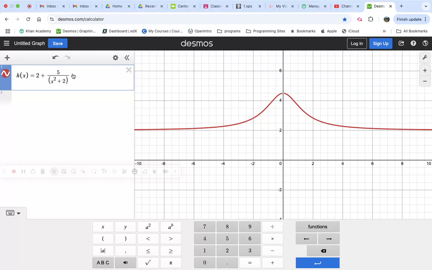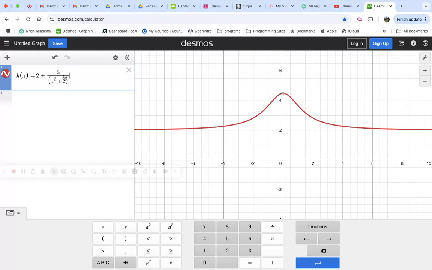When you look at this function, there's no way to make the top of this fraction 0, right? But the function could come out to be 0 if you can make the value of this fraction -2, because 2 plus -2 would be 0.